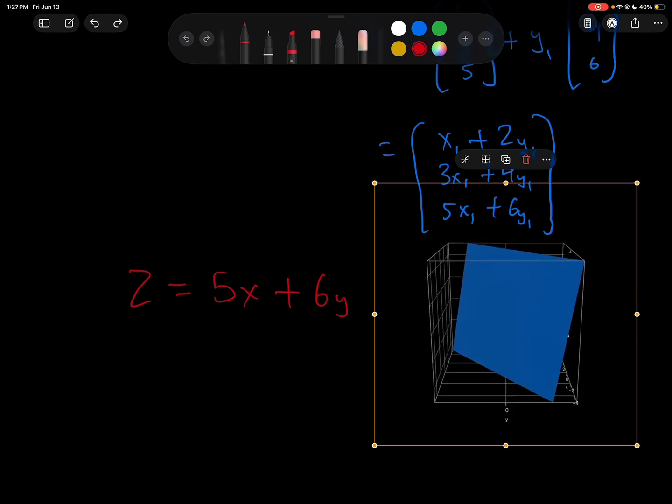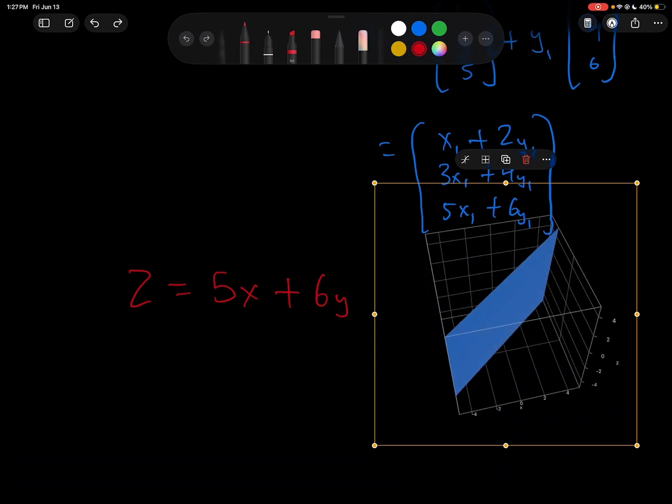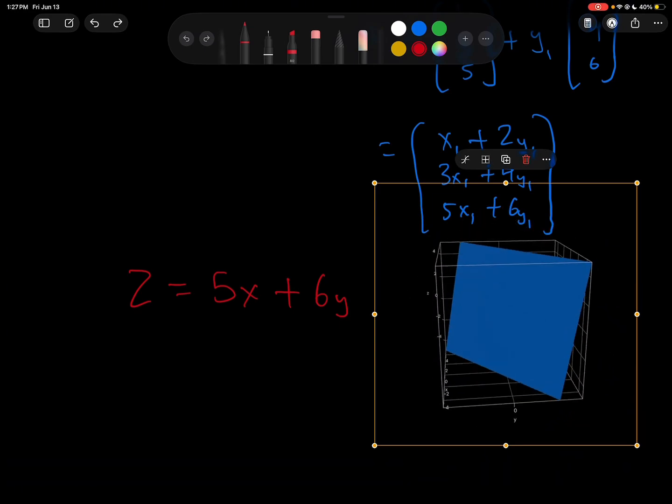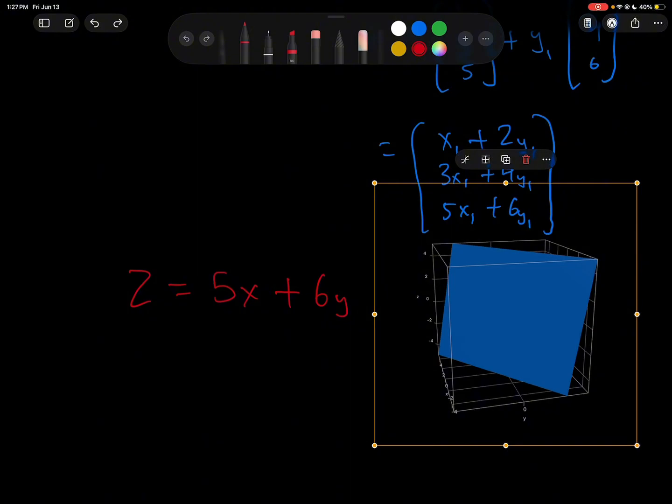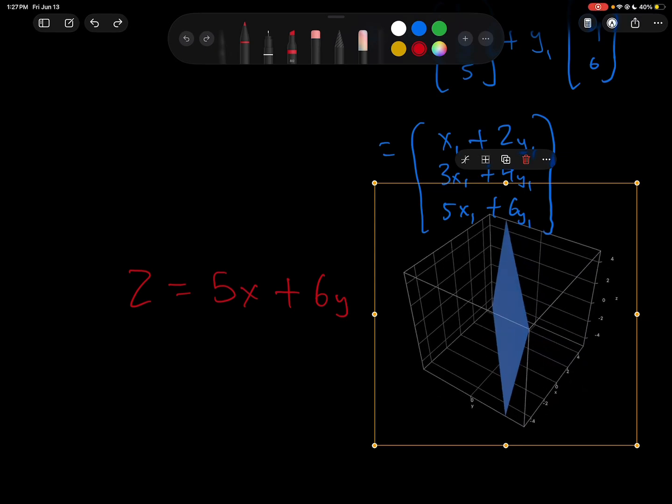It's also very good for any kind of multivariable calculus problems. It's also a good tool for that. But I didn't show it in this video. But yeah, I think it's a really cool addition.